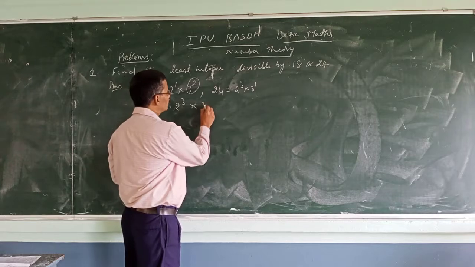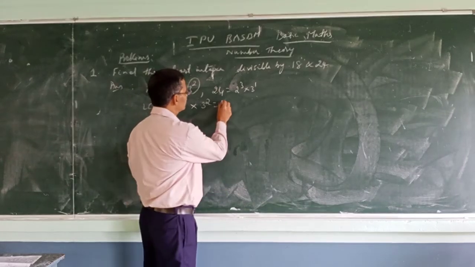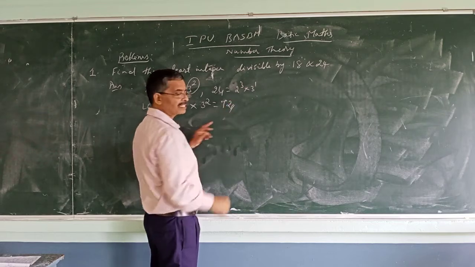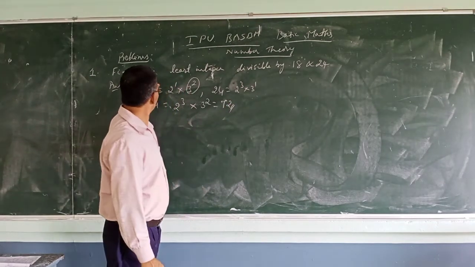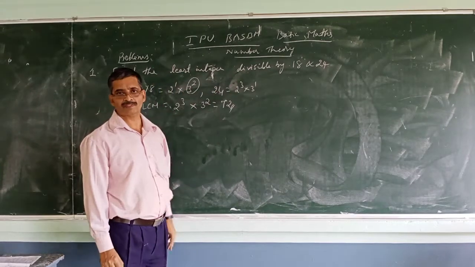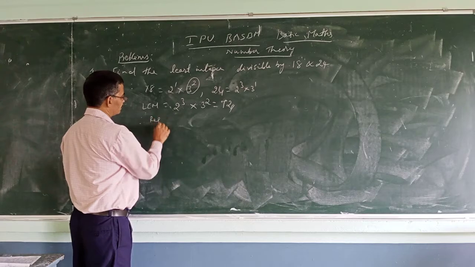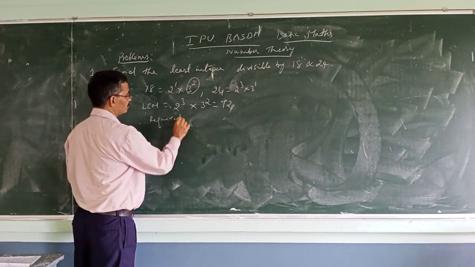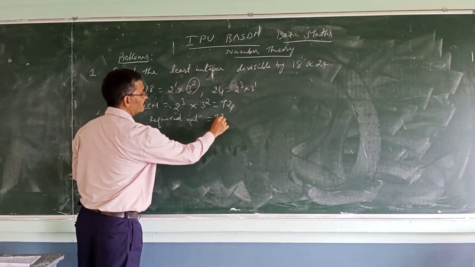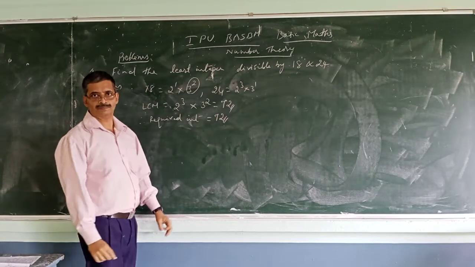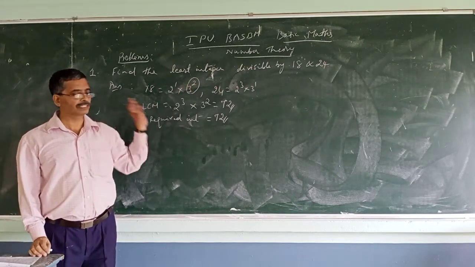So 2 cube into 3 square is 8 into 9, 72. So the LCM is 72, and the required least integer is 72.